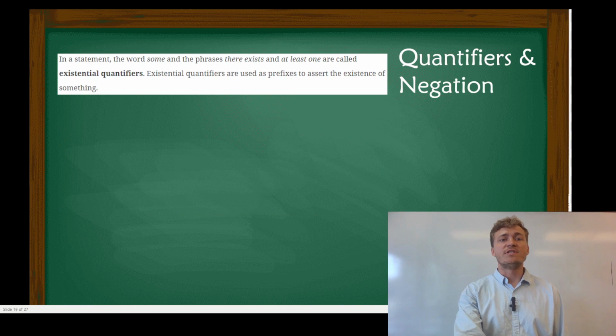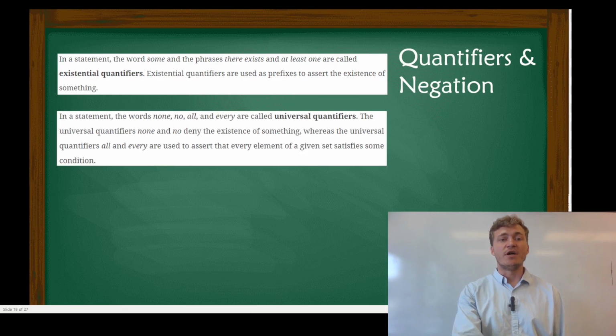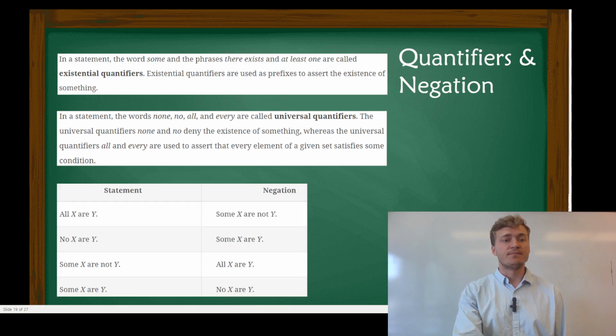In a statement, the word some and the phrases there exist and at least one are called existential quantifiers. Existential quantifiers are used as prefixes to assert the existence of something. In a statement, the words none, no, all, and every are called universal quantifiers. The universal quantifiers none and no deny the existence of something, whereas the universal quantifiers all and every are used to assert that every element of a given set satisfies some condition.